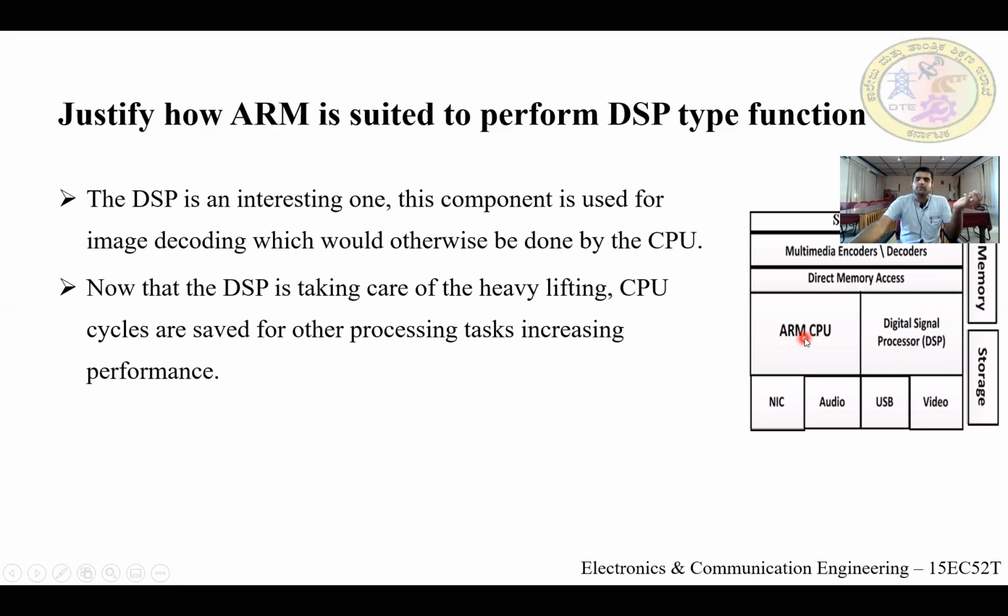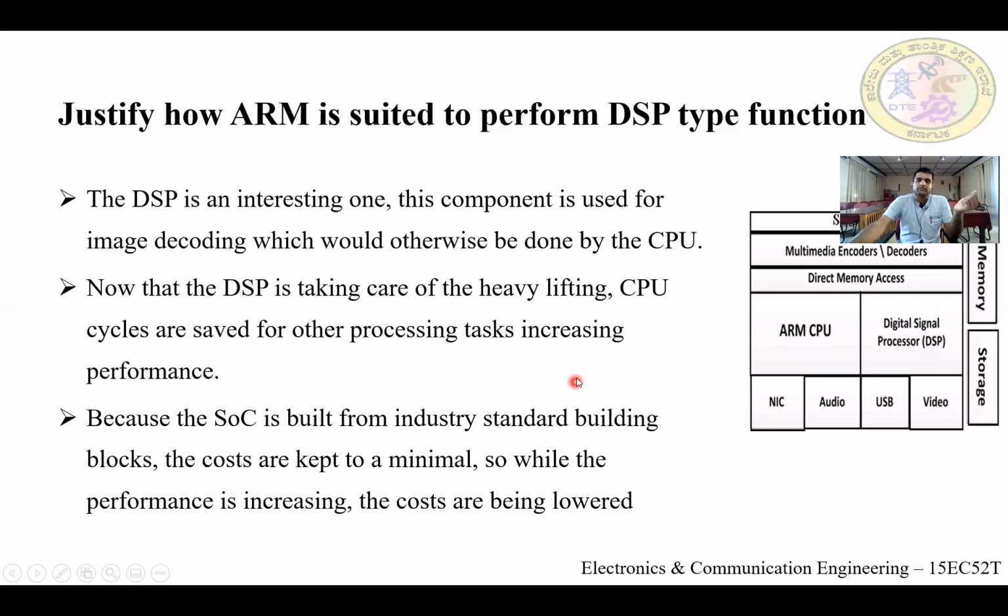DSP processing will be sped up by the add-on digital signal processor. So all these blocks are embedded in one integrated IC and given as a system on a chip. So ARM is suited for DSP function by using this SoC, single system on a chip.